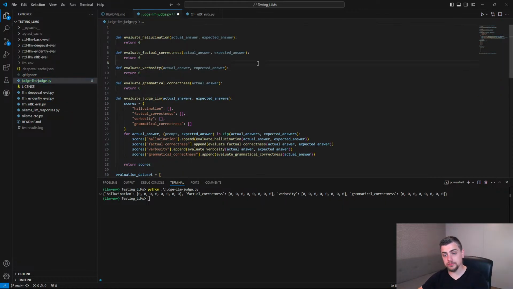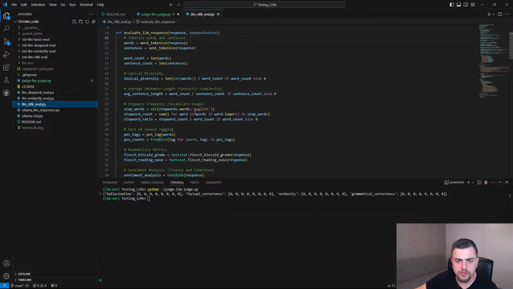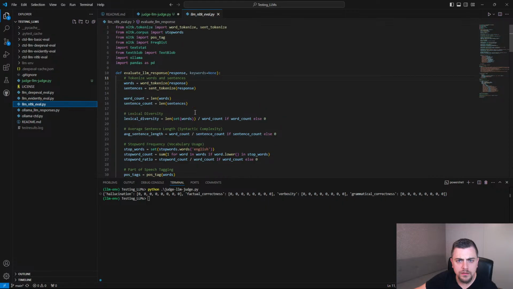But first, we would like to tokenize the. Is there an example for the tokenization? Yes, it should be. Yes, that's the word tokenize, and the sentence is the sentence tokenize. Word count, sentence count.